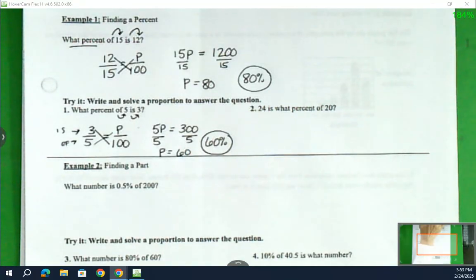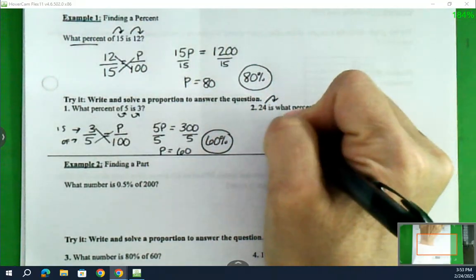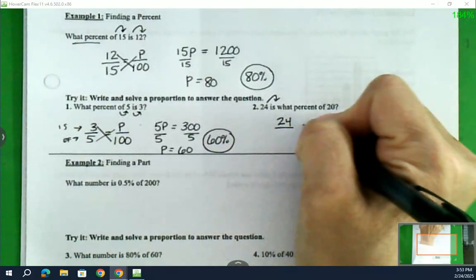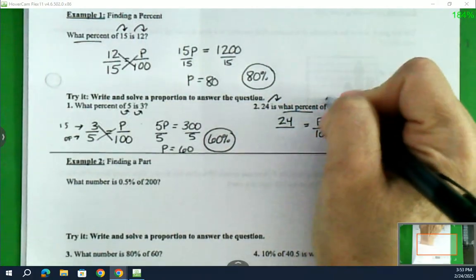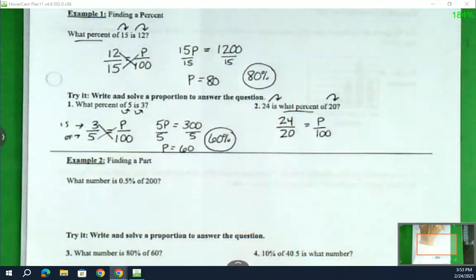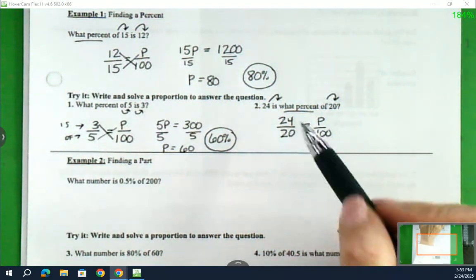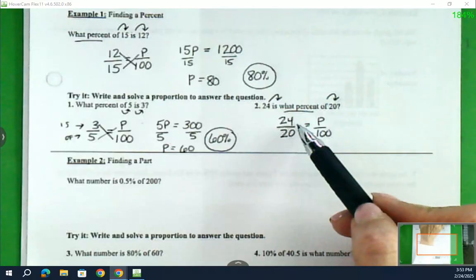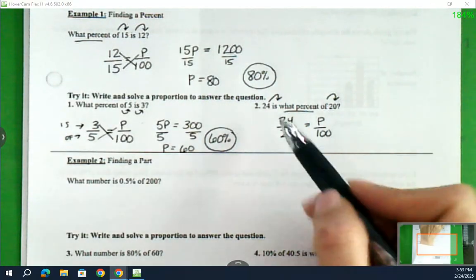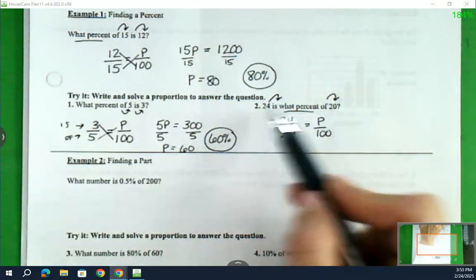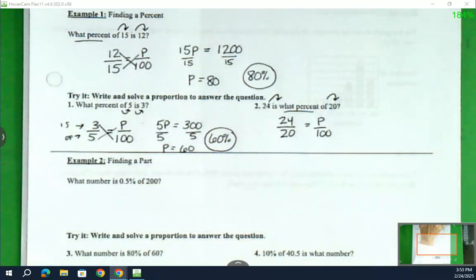Okay, for number 2, we have 24 is what percent of 20? Okay, so don't be confused, because sometimes your larger number is your is, since you might have more than 100% of something. In this case, 20 would be 100% of it. 24 is going to be a little bit more.